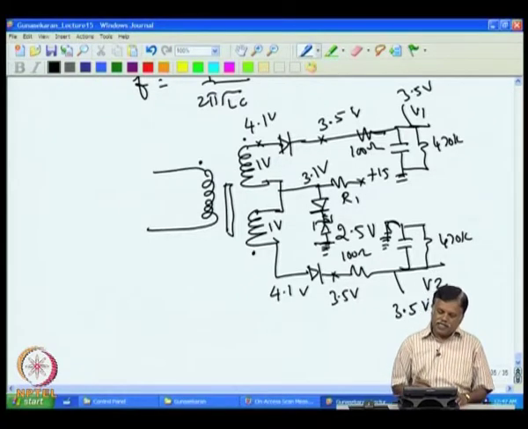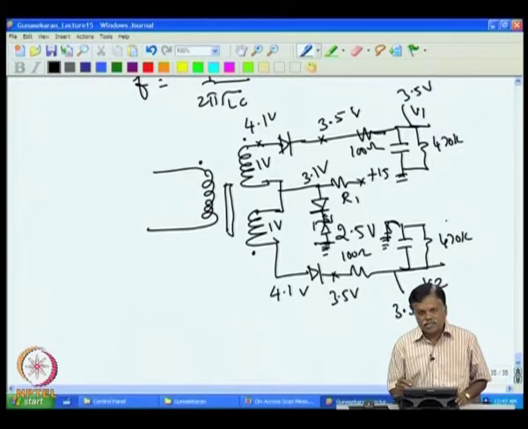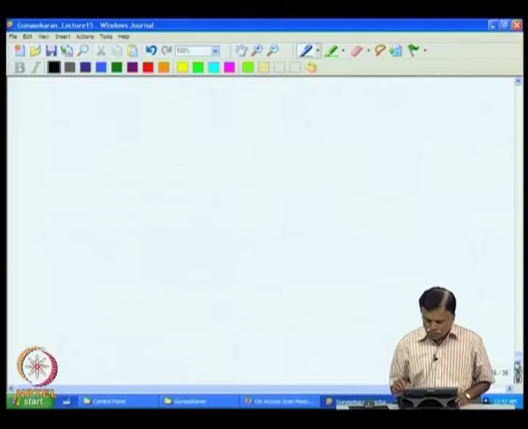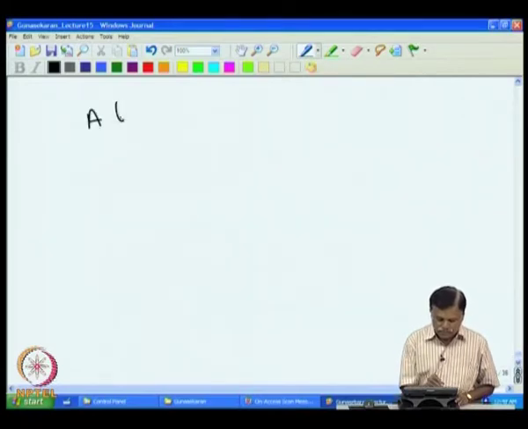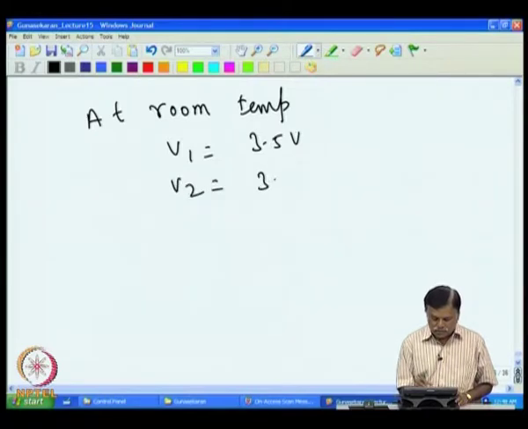So, what you got is 3.5 here, 3.5 here corresponding to 1 volt and 1 volt here. This is at room temperature. If so, at room temperature V1 is equal to 3.5 volt, V2 is equal to 3.5 volt.